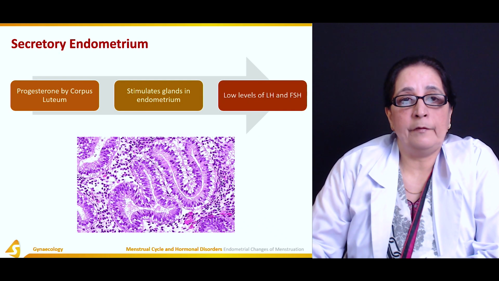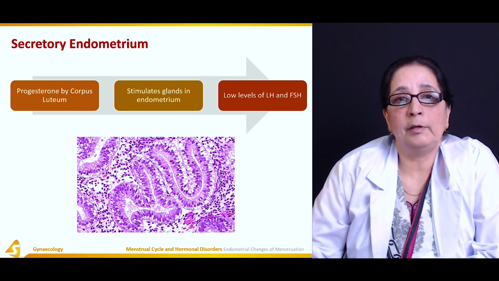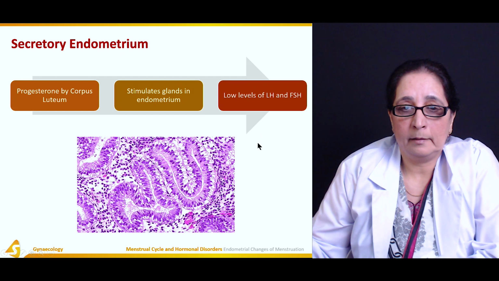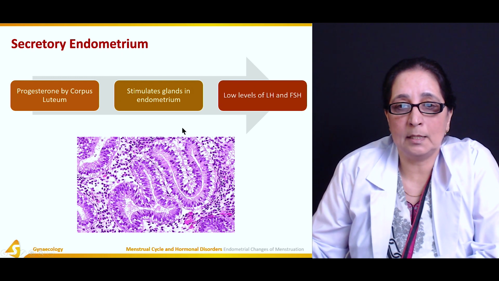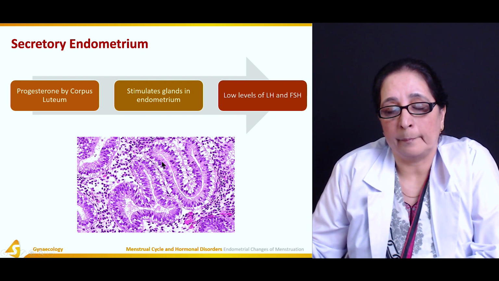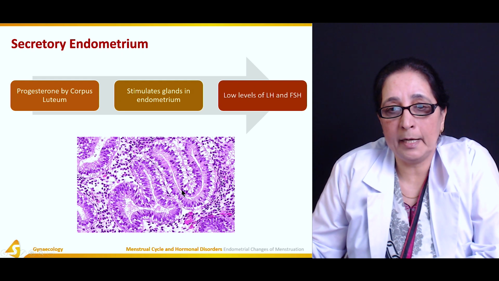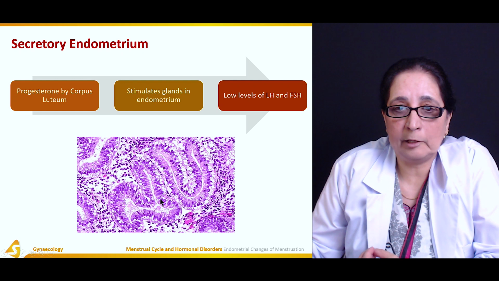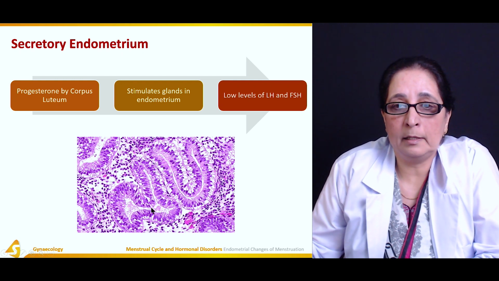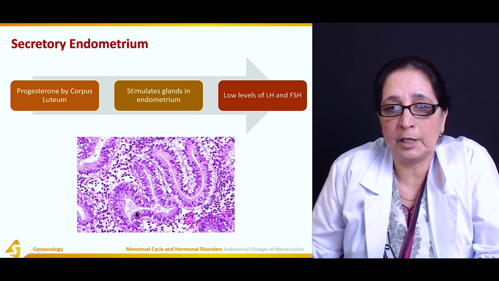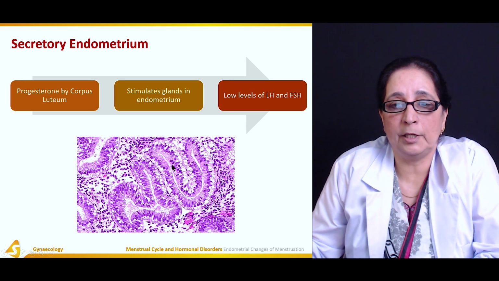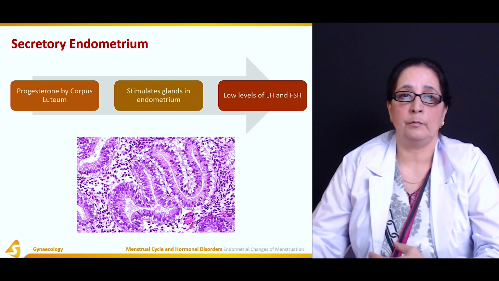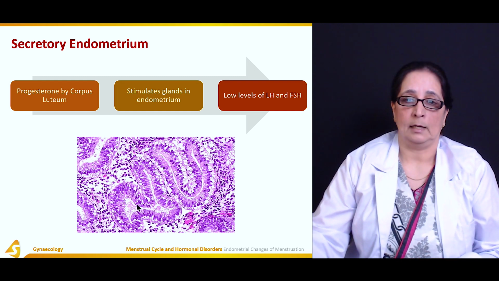Then the second phase is the secretory endometrium. Now you can see in this slide, these are the glands present in the endometrium, and they become really big and filled with secretions, and these are the secretory changes. The proliferative changes were due to estrogen produced by the follicle.